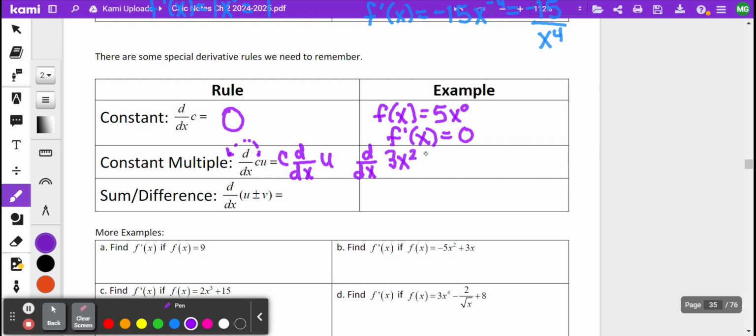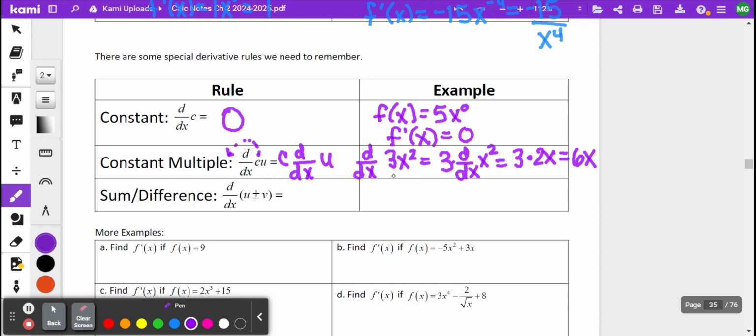Now we know the power rule, so that's why I said we probably won't use this too much. But what we could do is take the 3 out in front and then take the derivative of x squared. Okay, now this is multiply. So what is the derivative of x squared? Well, we know now it's going to be 2x to the first. And now we'll simply multiply these to give us 6x. To be honest, I just think it's easier to do the power rule.